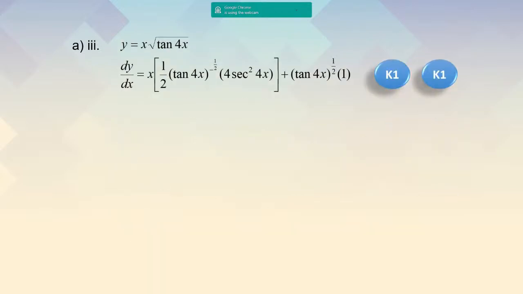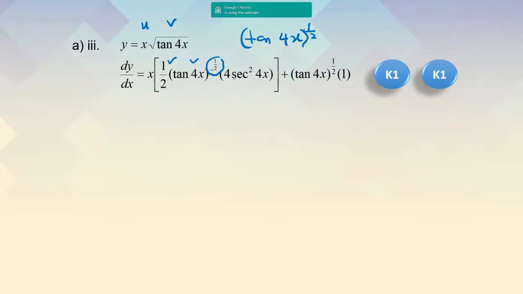Okay, next question. By using the product rule, uv, u is x, and then differentiate using the power rule, tangent 4x. Power in front, 1 over 2, and then copy the inside, power less than 1, 1 over 2 minus 1 is negative 1 over 2.